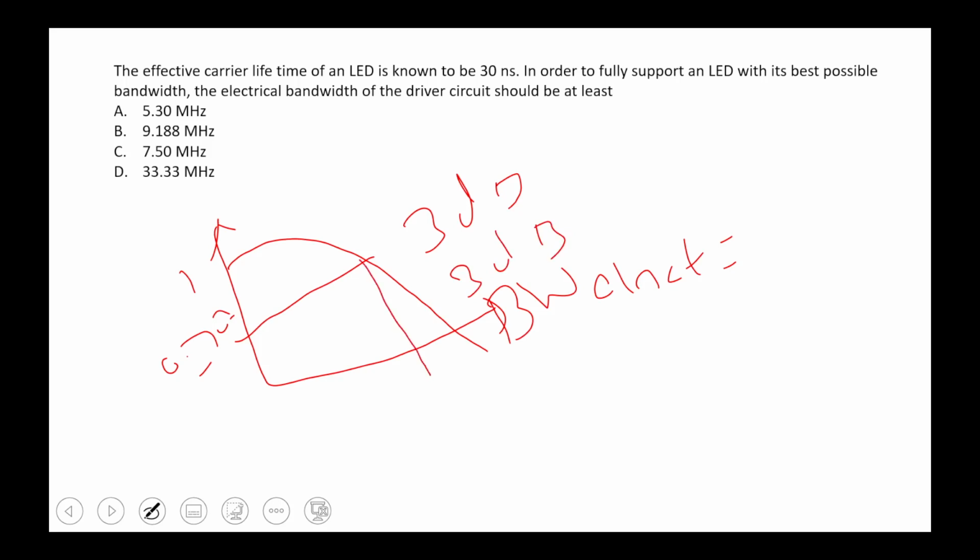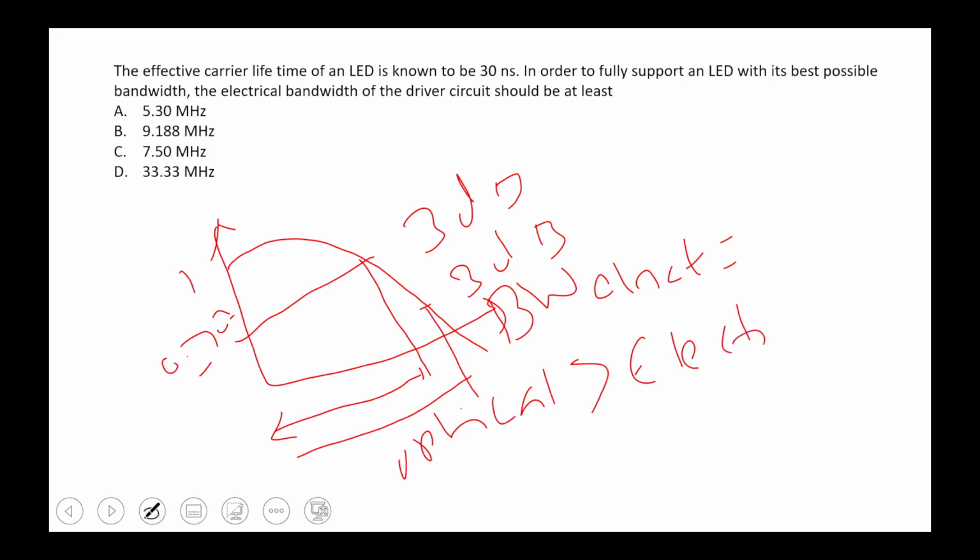So this is the electrical bandwidth, and from this whole range it will be the optical bandwidth. So in the optical fiber case we have more optical bandwidth than electrical bandwidth. This was also taught by ma'am in the lectures.